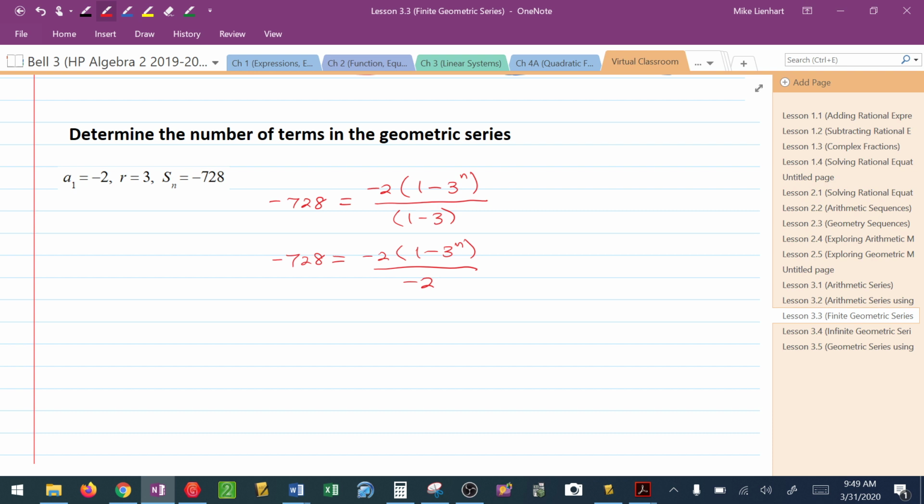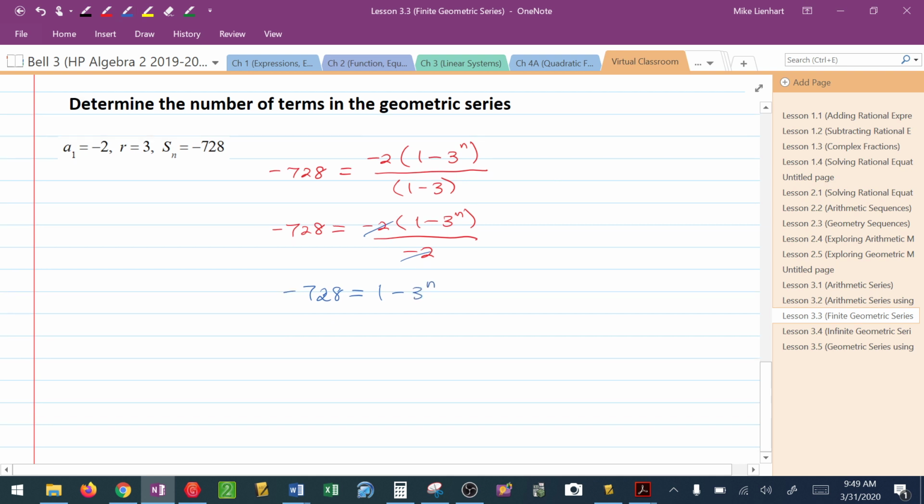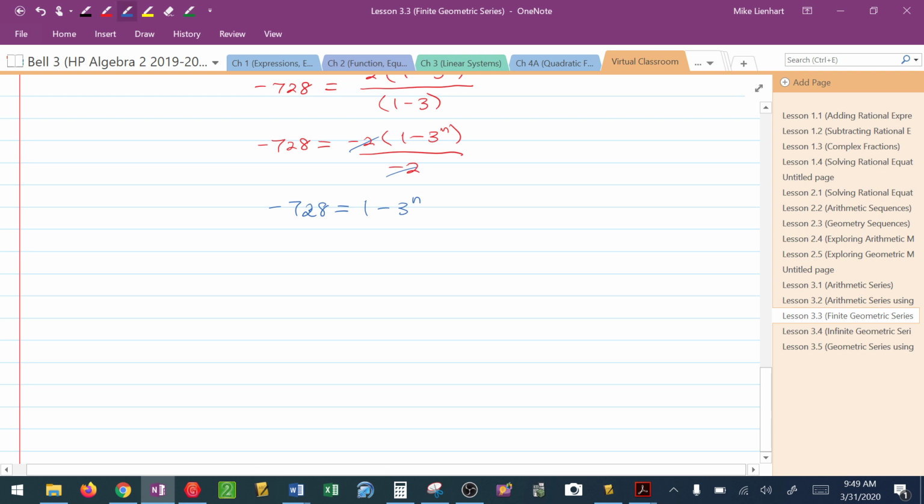But I can simplify this a little bit. I know that those negative 2's are going to cancel each other out. So really I have negative 728 is equal to 1 minus 3 to the n. I'm going to subtract 1, so that gives me negative 729 is equal to negative 3 to the n.